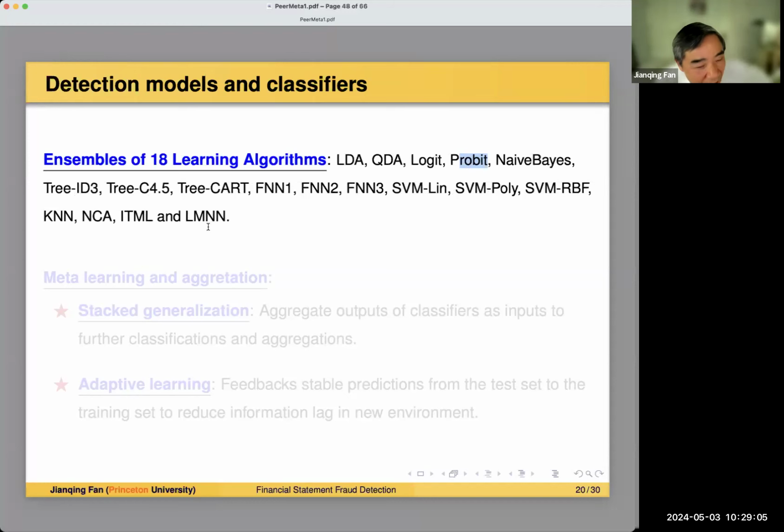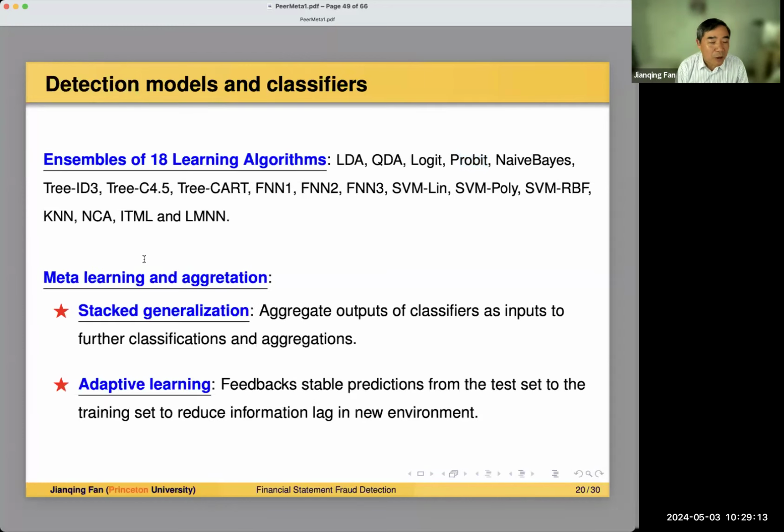So these 18 popular algorithms are put into a mega learning result. One is called stacked generalization, which aggregates the output of classifiers. Each classifier will give you outputs, and you think of outputs as inputs.